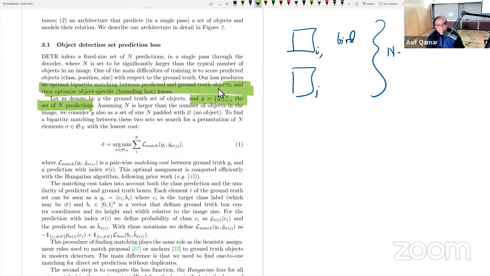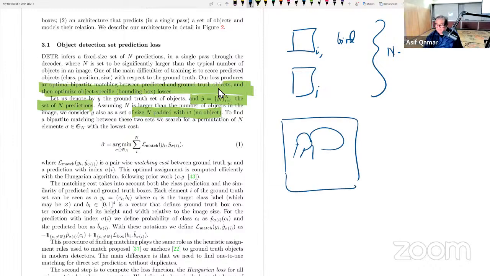We consider y also as a set of size n padded with no object. So in the training data also, suppose you have 1 horse. Well, let me now reframe it as an elephant. So 1 elephant, and you are supposed to find 50. What will it do?